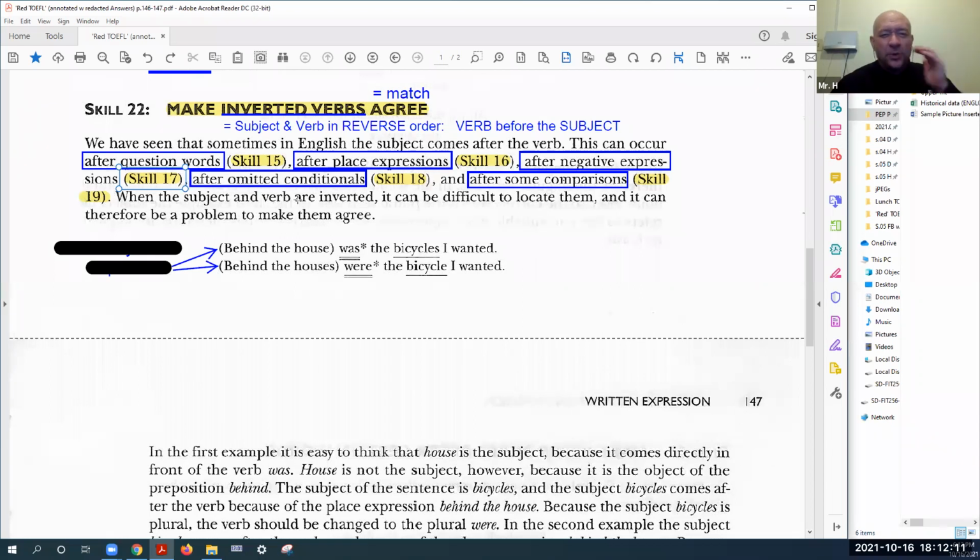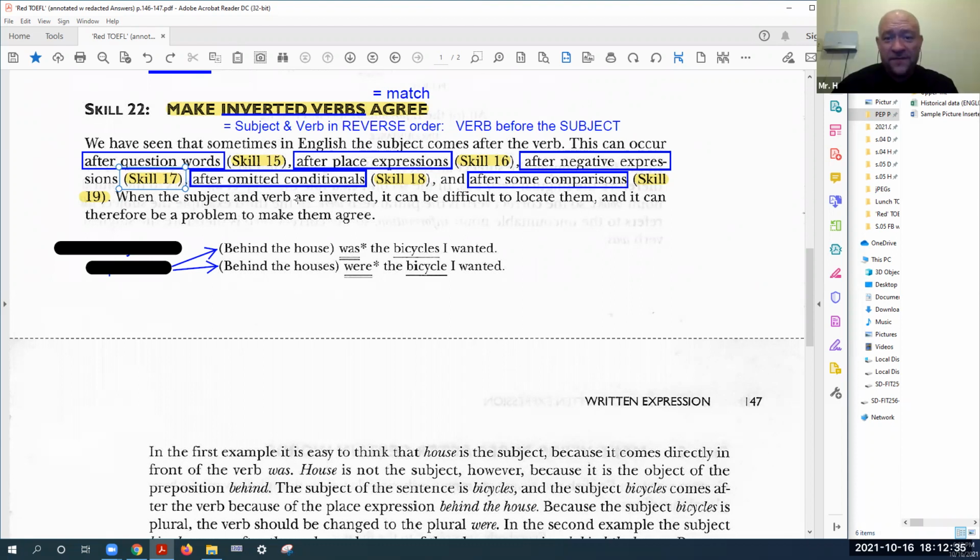Can we do this with all conditionals? No, not all of them. Which conditionals? We have had and should and were. There you go. Only 3. Well done. You remembered.